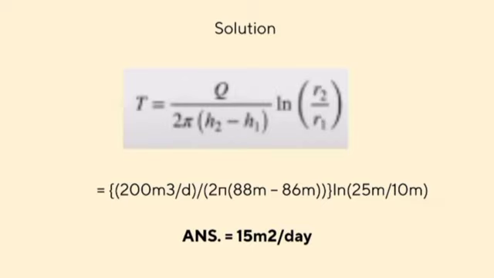So, substitute lang natin mga values. We will get 200 cubic meter per day all over 2 pi multiplied by the difference of 88 meters and 86 meters ln 25 meters over 10 meters. We'll get that answer at 15 square meters per day.